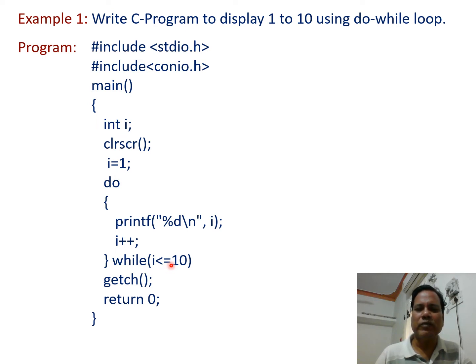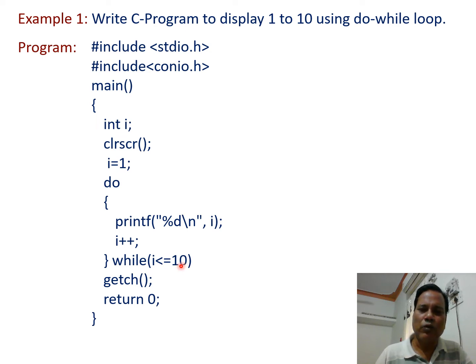So in this way, the condition is going to be true for values of i from 1 to 10. After printing the value of i as 10, when i is incremented, the value becomes 11, and when 11 is tested, 11 less than or equal to 10, the condition is false.